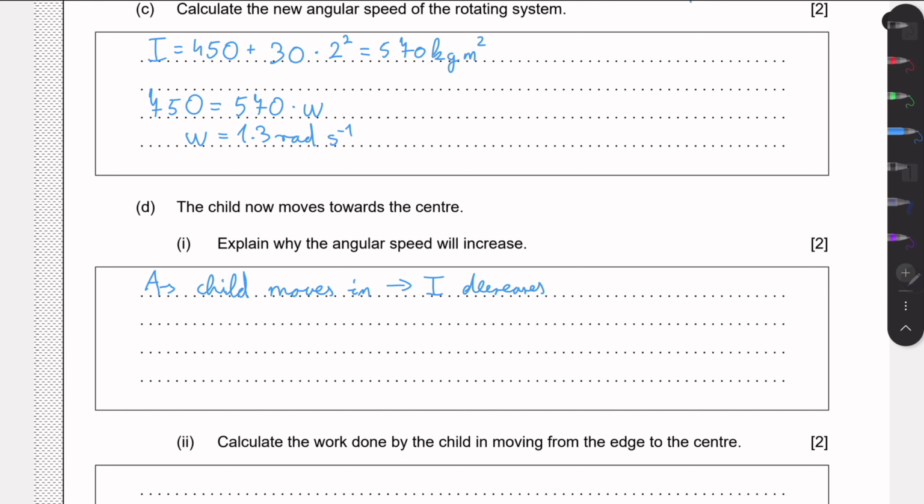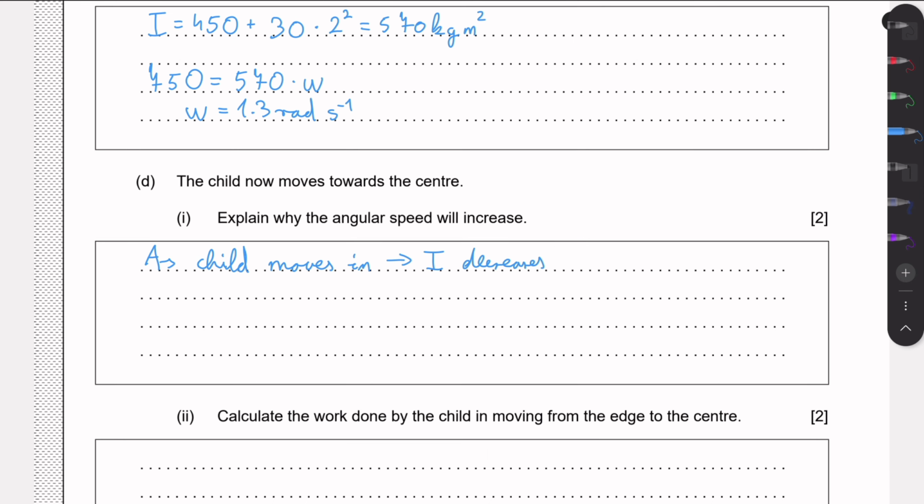And since our angular momentum is still constant, as we are in an isolated system, no external torque acts on the system, so angular momentum is conserved, as there are no external forces. Then similar logic as the previous one.